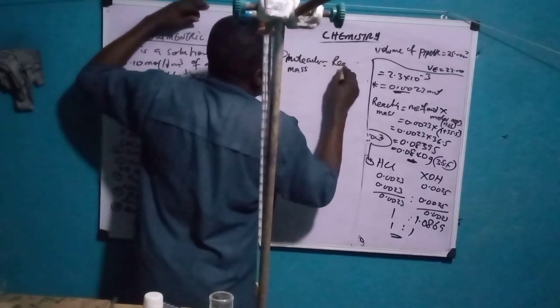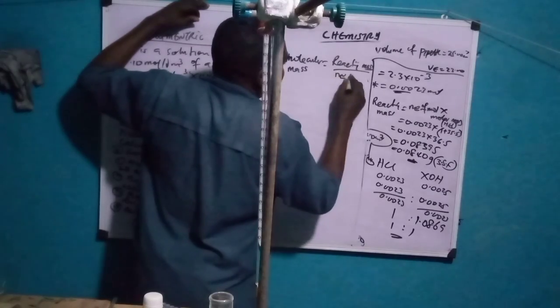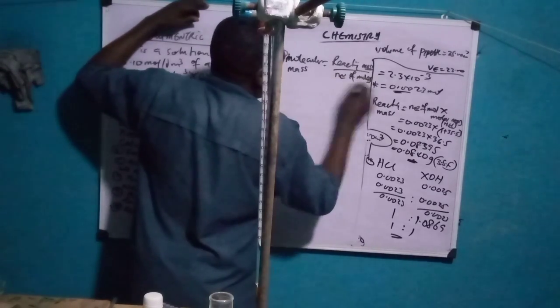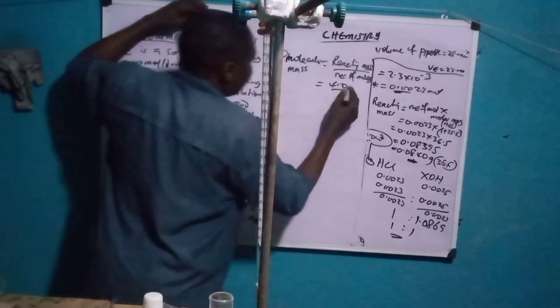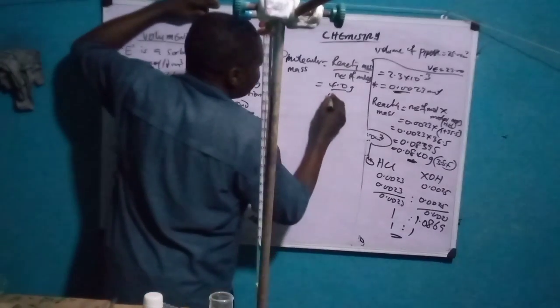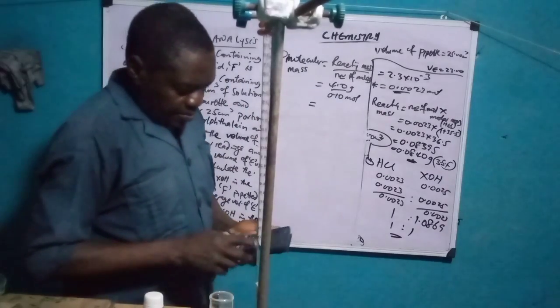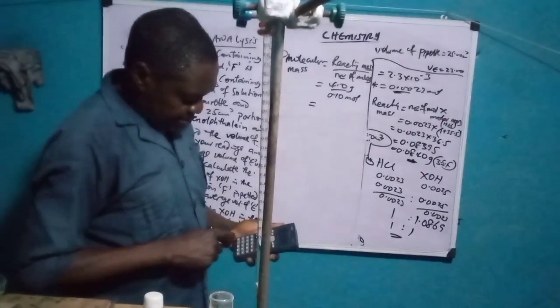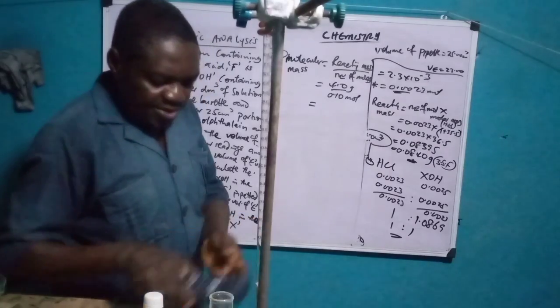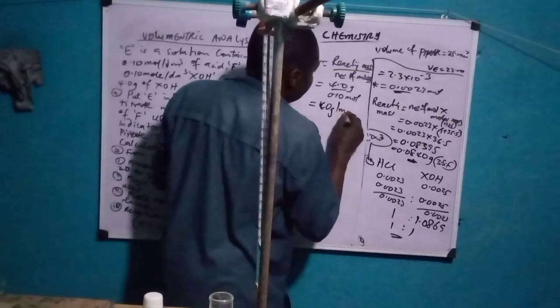equals reacting mass over number of moles, which is 4.0 gram over 0.10 mole. Let's see what it gives us. 4 divided by 0.1 gives you 40. So it gives you 40 gram per mole.